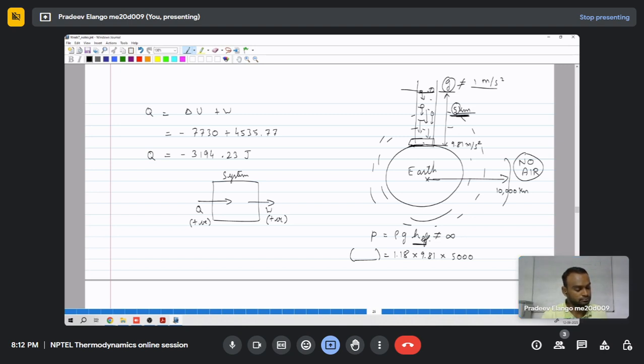Sir, in thermodynamics, what we learn is that work done is wholly converted to heat, but heat is not wholly converted to work done. For example, in an IC engine, the whole heat is not converted to work, while by rubbing hands, the work we put in is converted to heat.